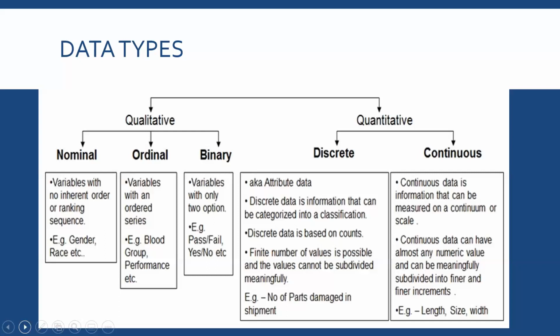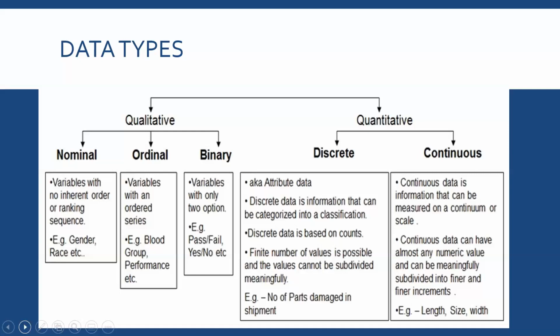Continuous data can have almost any numerical value and can be meaningfully subdivided into finer and finer increments, such as length, size, and width. Discrete data is also known as attribute data. Discrete data is information that can be categorized into classifications.